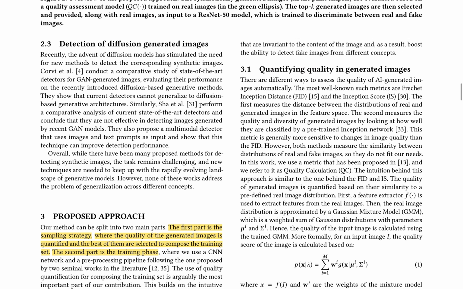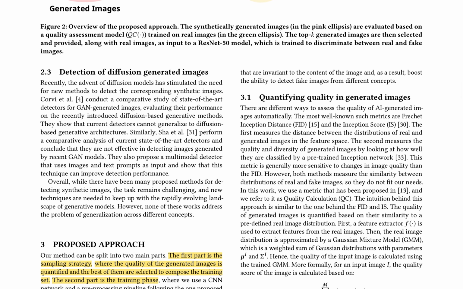Hence, it will learn characteristics that are invariant to the content of the image, and as a result boost the ability to detect fake images from different concepts.